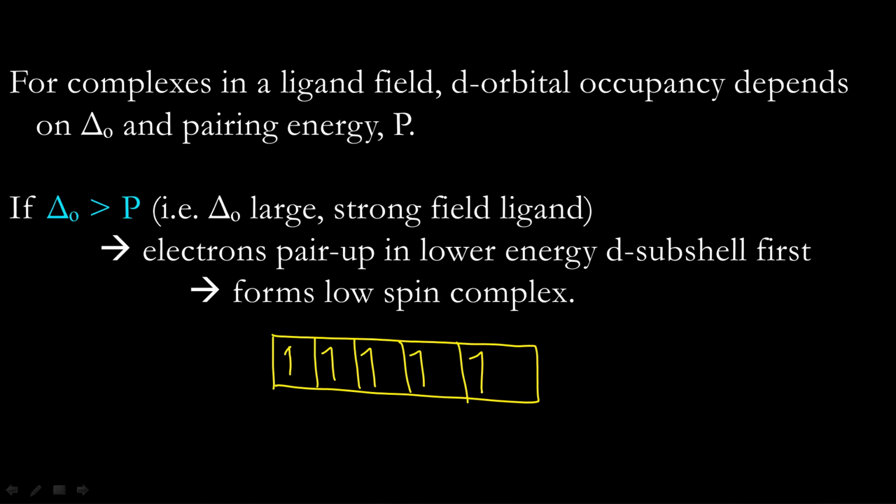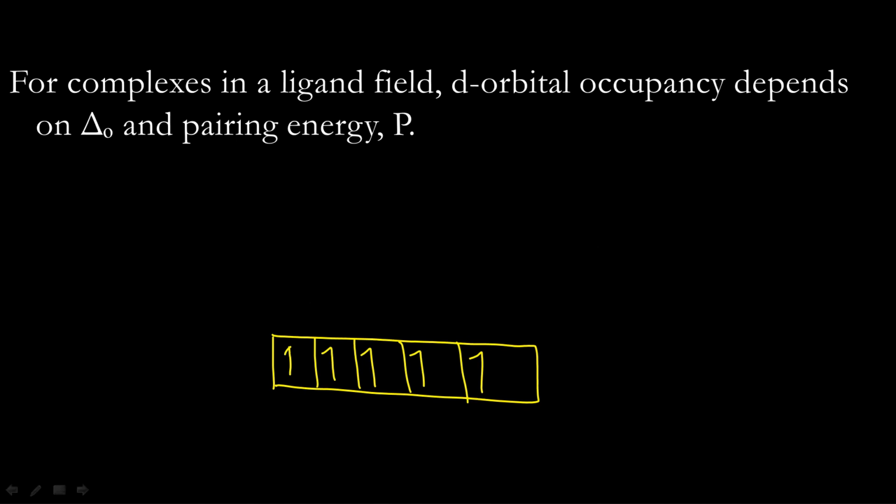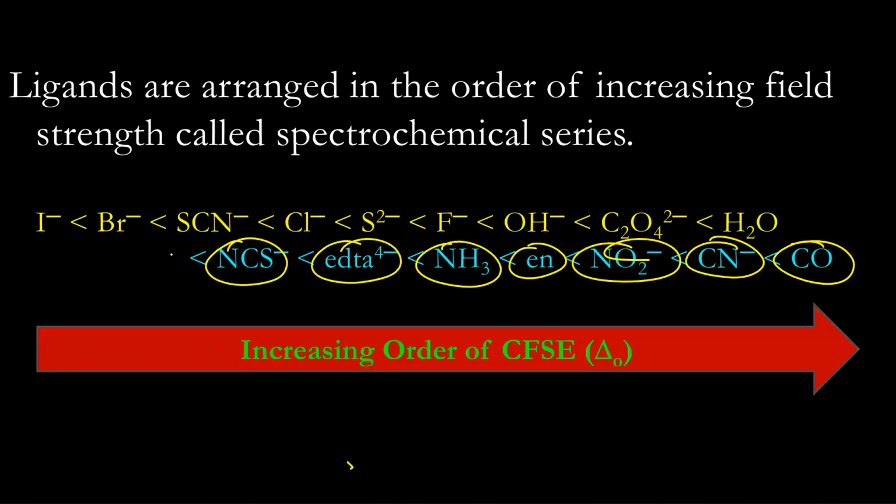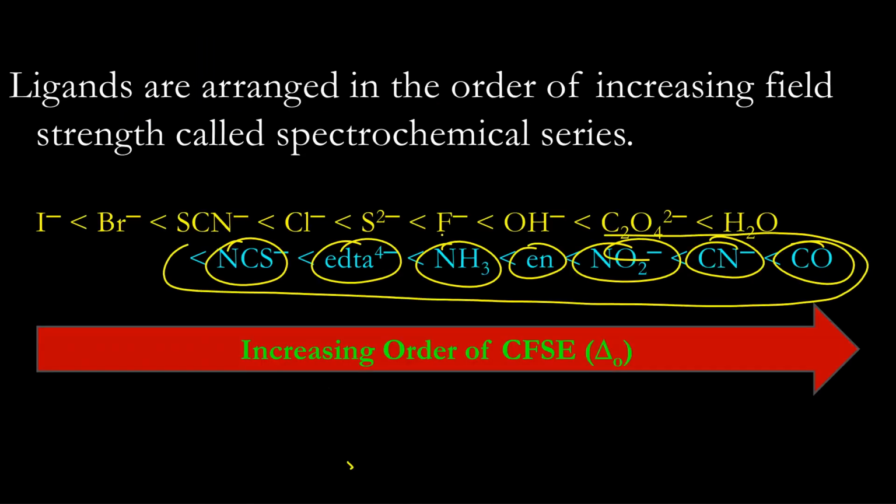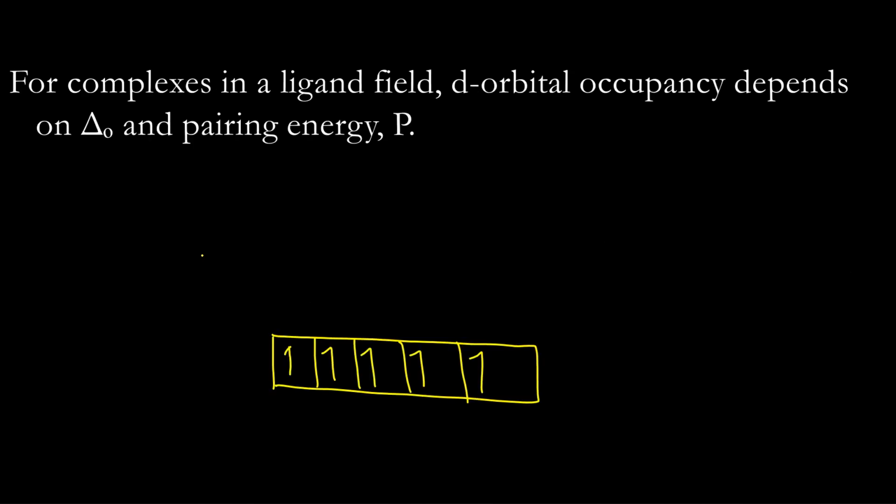But if there is a ligand out of these ones, then it will create the splitting of the d orbitals, and delta naught will be greater than P. In that case, what will happen?